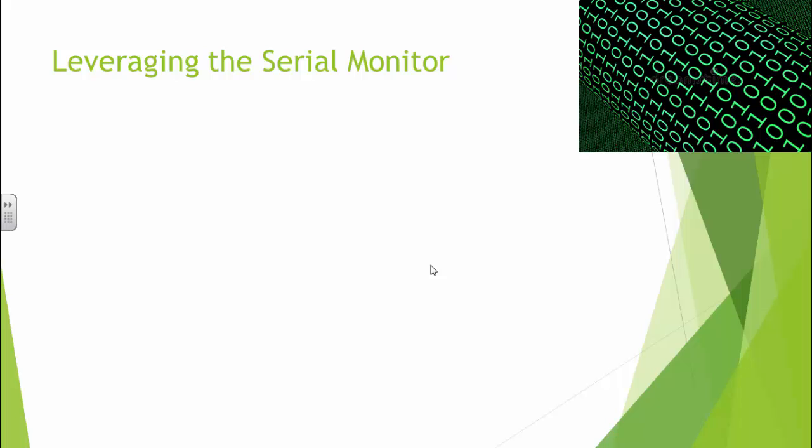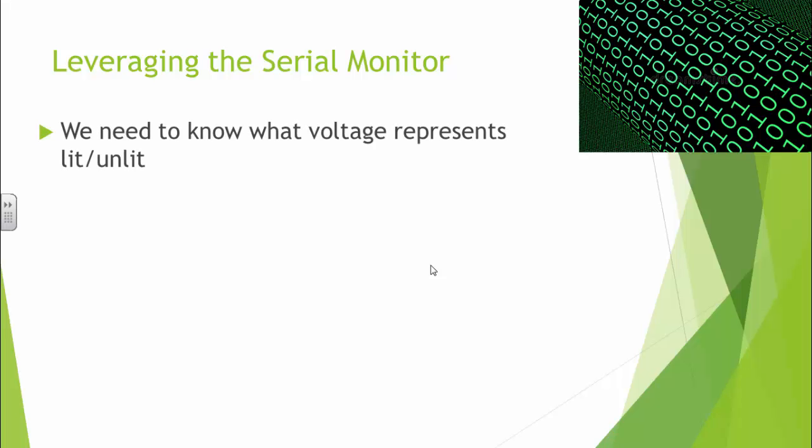Now here's where the serial monitor starts to show its value. We could sit and theoretically calculate what voltage we could expect, and all these kinds of things, based on equations for voltage drop. But in fact, the theory may betray us because we're not really sure how that LDR is going to behave. We don't know what light levels we're going to have. What we can do is we can do this thing experimentally very quickly.